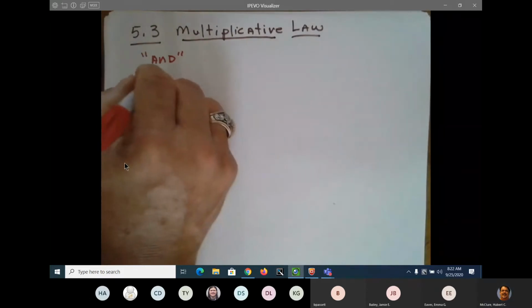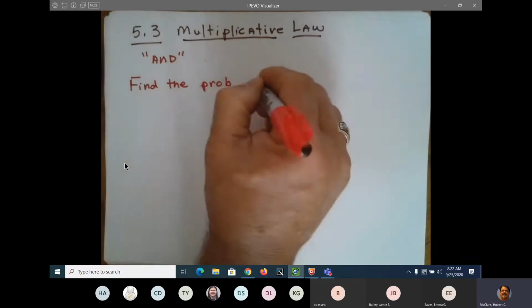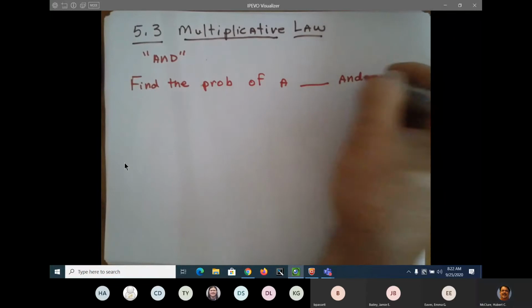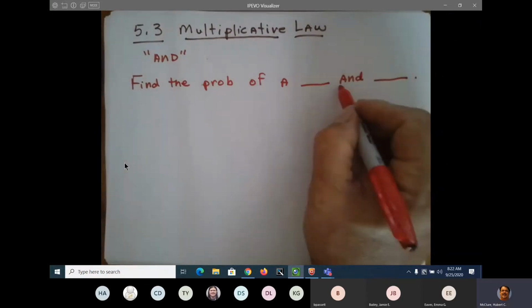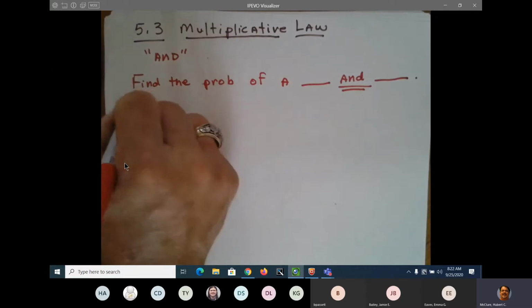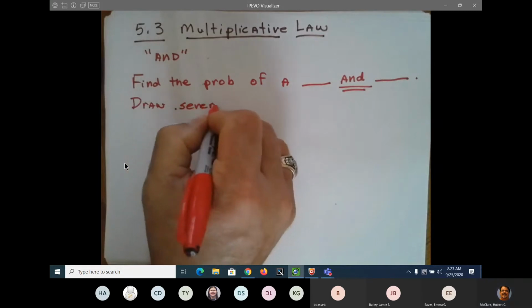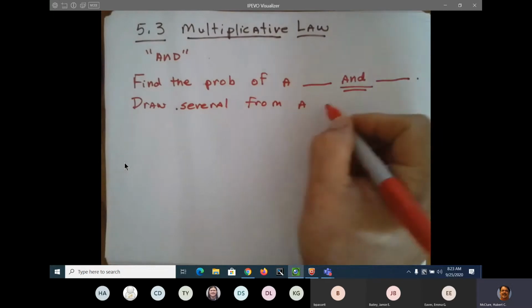Find the probability of a blank and blank. Okay? The last sentence will probably say something like this. Also, the multiplicative law is used when you draw blank or draw several from a quantity.